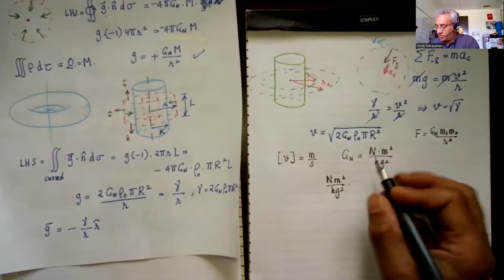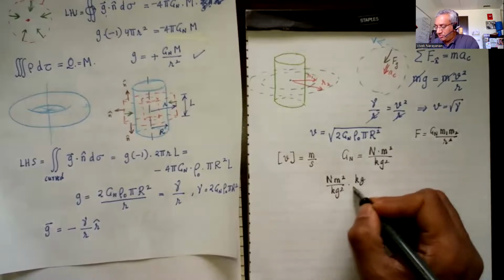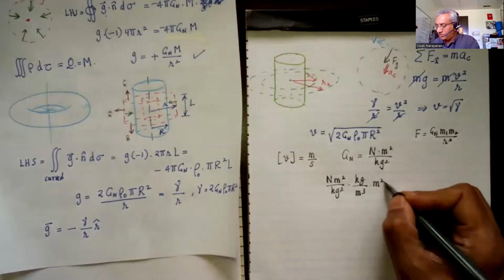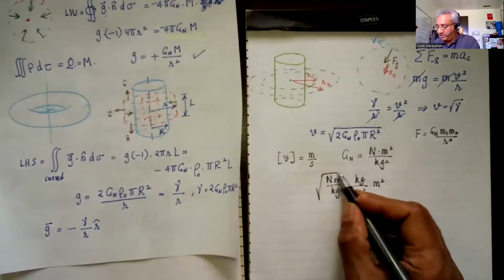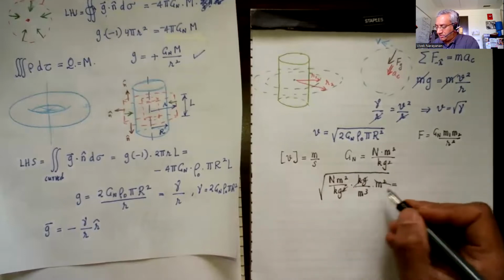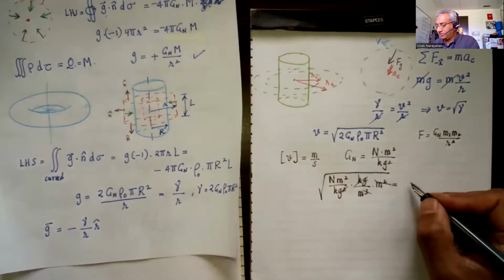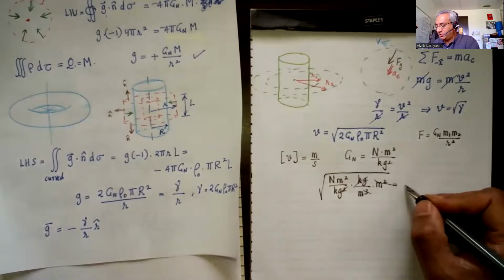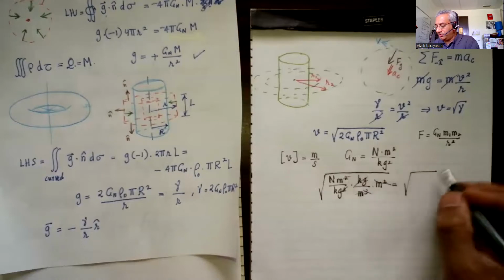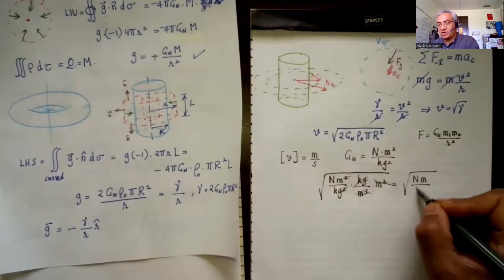Rho is kg per meter cubed. r is meters, r squared is meters squared. So all that is what I have in the square root. One of the kgs goes away, two of the meters go away. So I have the square root of Newton meters over kg.